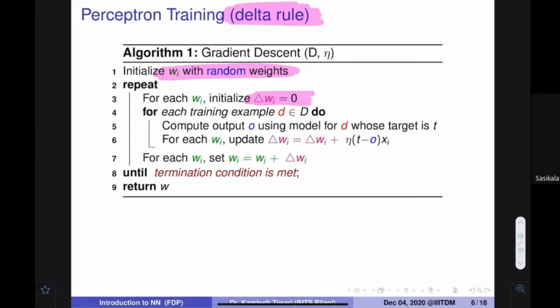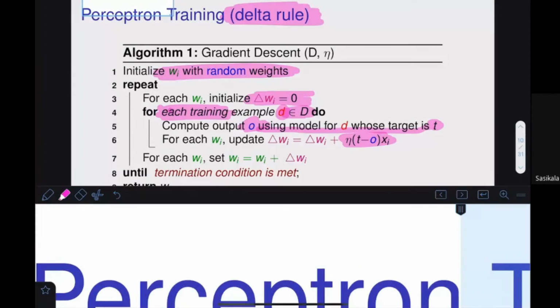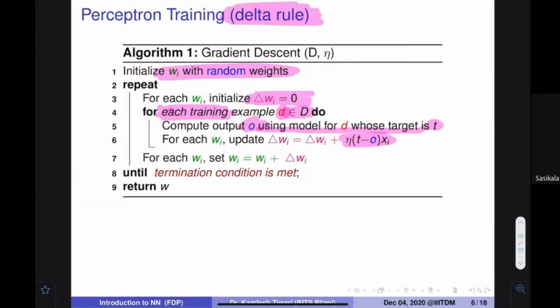For each training example, this time we are not looking at misclassified ones only. For each training example D in your database, you compute the output using your model, see what the target is, and compute the target minus this value. And then for each weight you are going to modify it in this way. Make sense? Your weights are going to be modified.